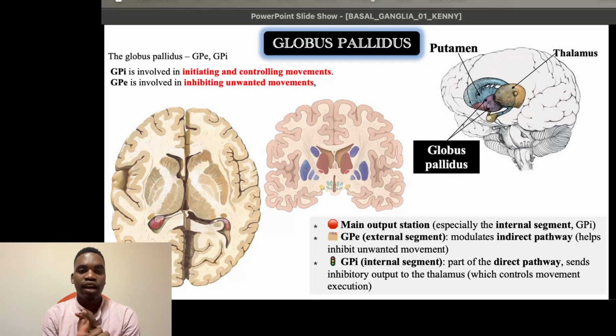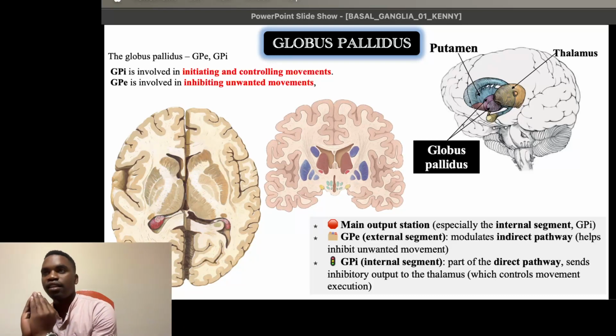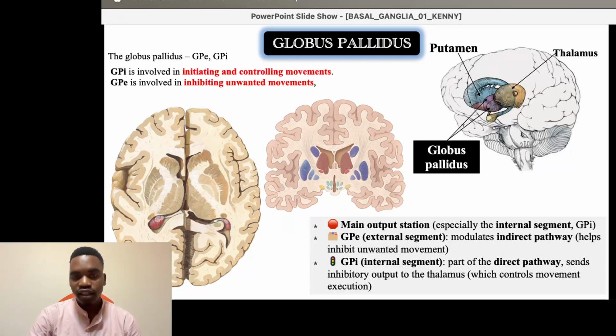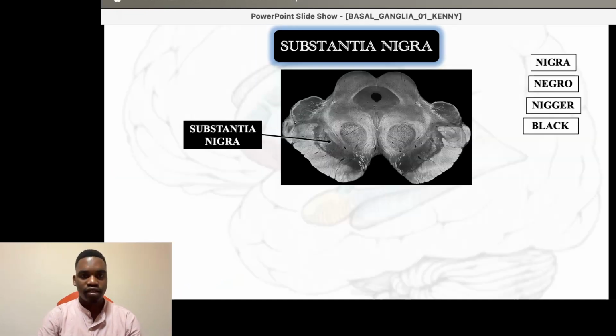Part of the substantia nigra will form the output from the basal ganglia. So the internal segment of the globus pallidus and the substantia nigra. The external segment of the globus pallidus is important in the indirect pathway, and it is inhibitory, which means it inhibits unwanted movement.